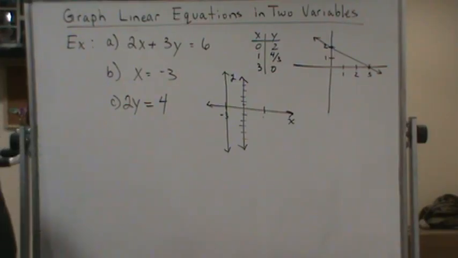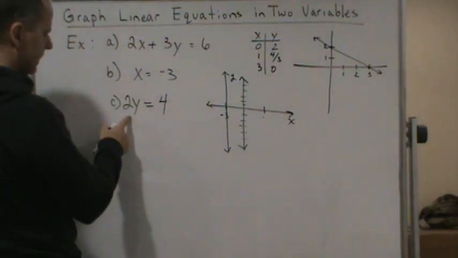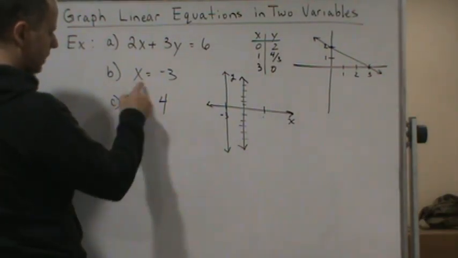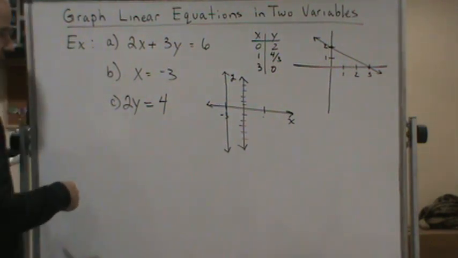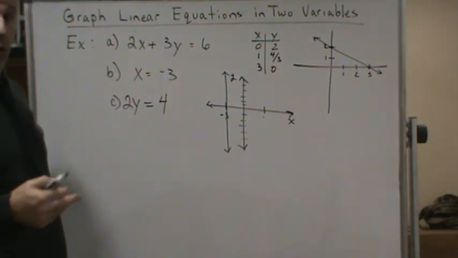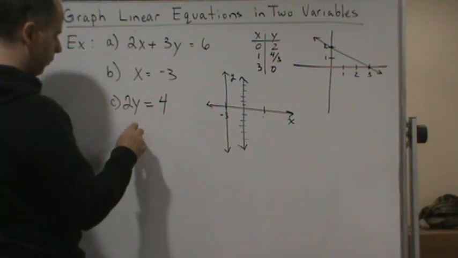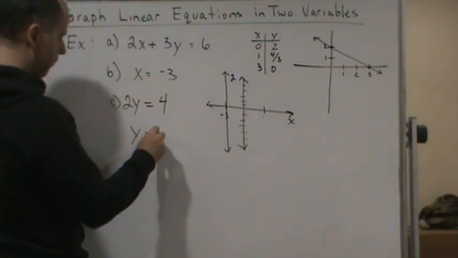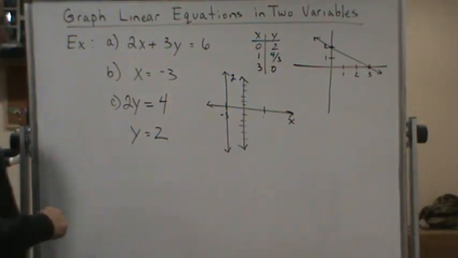Now what about this one here? Well, let's solve, right? So again, what is this telling us here? Well, there's no x variable in here, right? So if there's no x variable, that means it doesn't matter what x is, y is going to be equal to something. So in this case here, if we just solve for y, that means y is always going to equal 2.